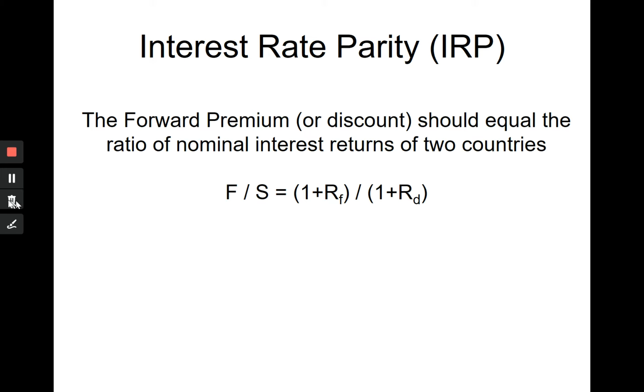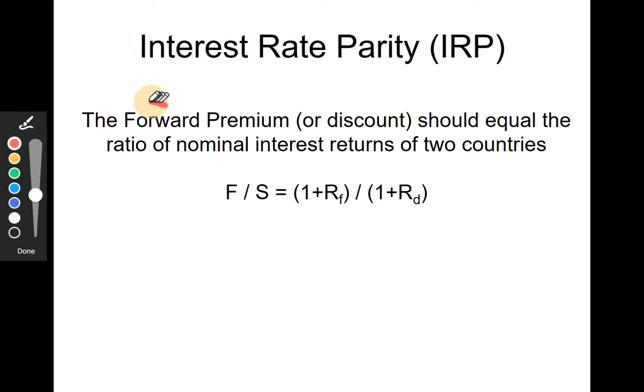The left hand of the equation says the forward premium or discount. Let's first focus on this word forward. In our last lecture, we talked about forward prices versus spot prices, and we had an example from ancient Greece.